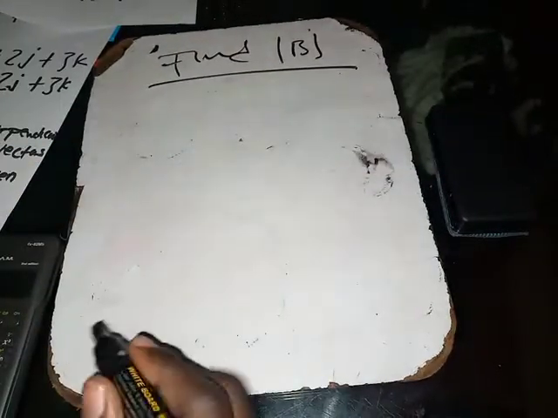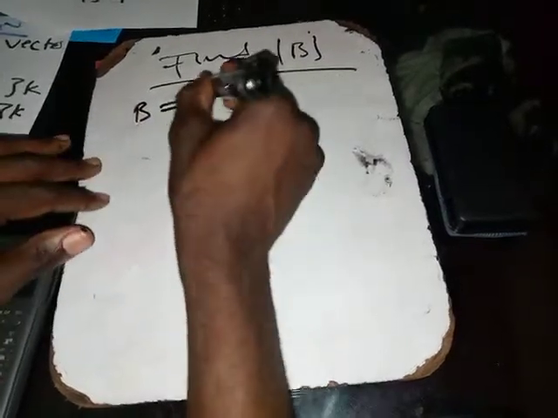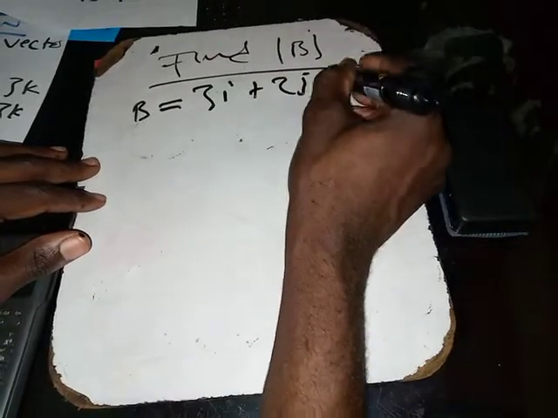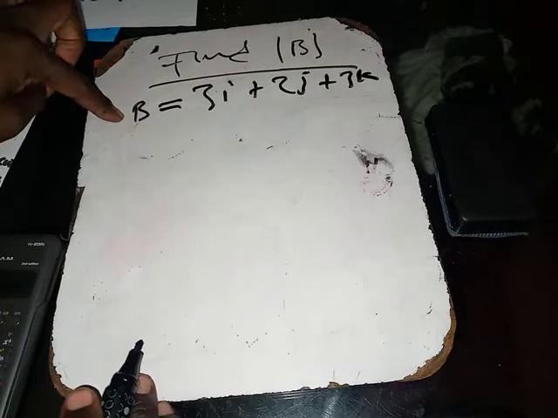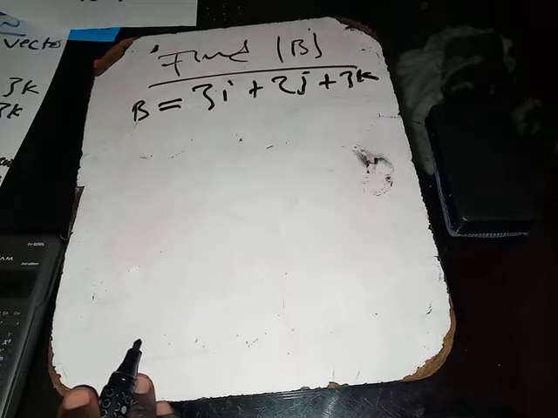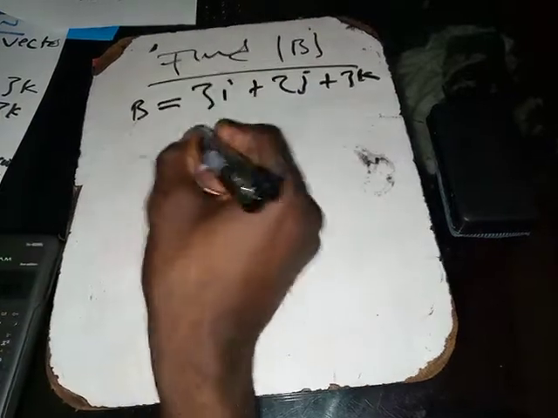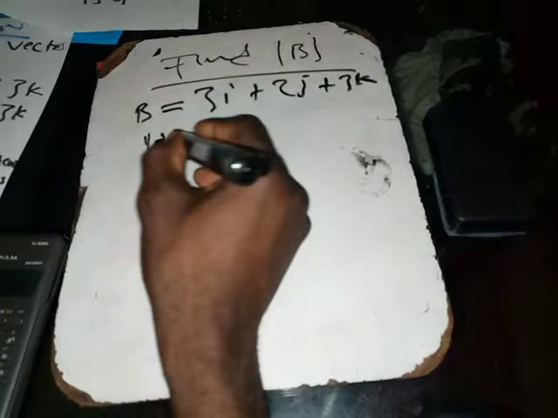Then find the magnitude of B. The vector B was given to be 3i plus 2j plus 3k. This was my B. We also find the magnitude of B, which is also the resultant.